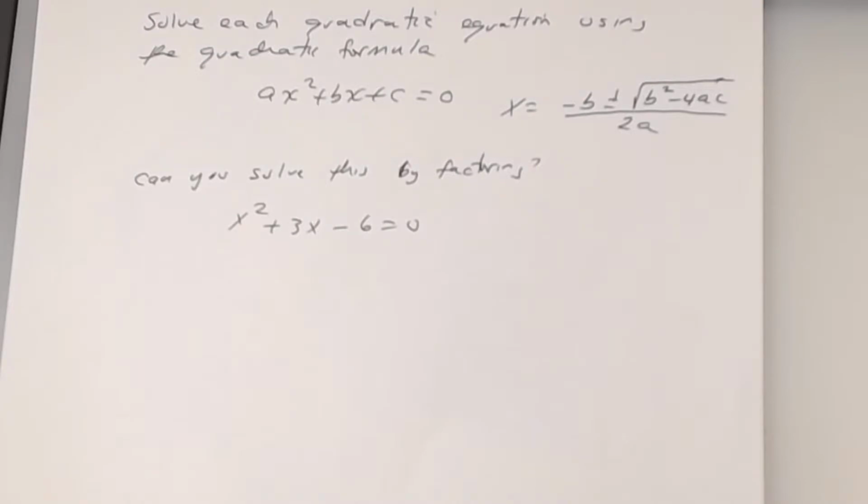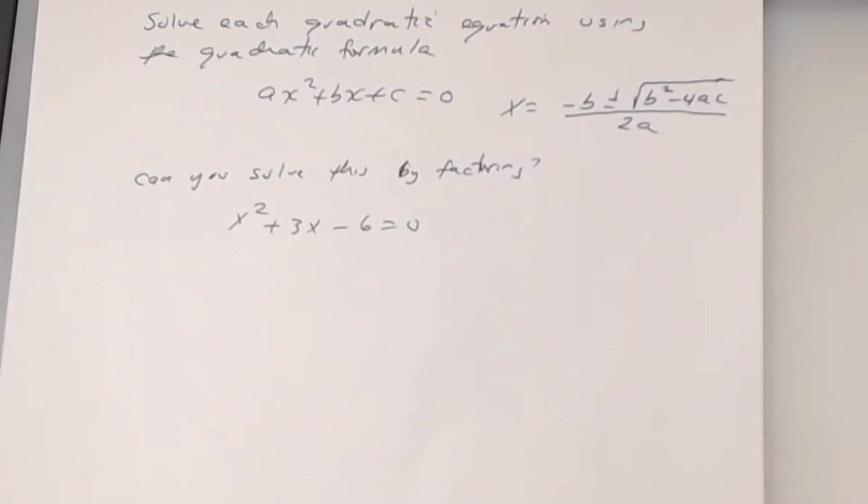So either you're going to solve this by completing the square, which we haven't done yet, or you're going to solve this by using what? The quadratic formula. So the question was, can you always solve a quadratic equation by factoring? The answer is no. But can you solve a quadratic equation using the quadratic formula? The answer is yes.